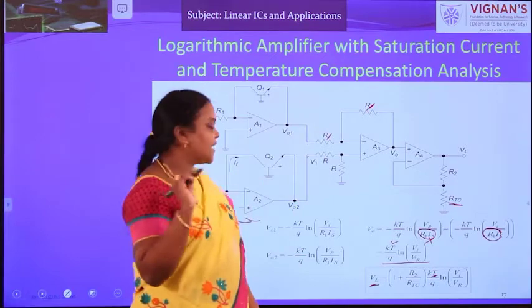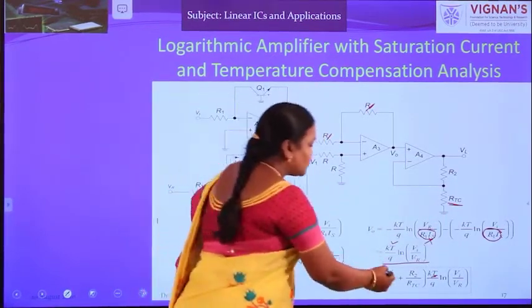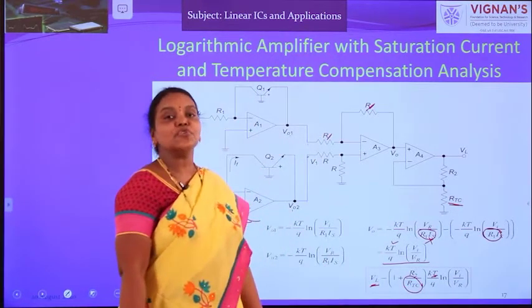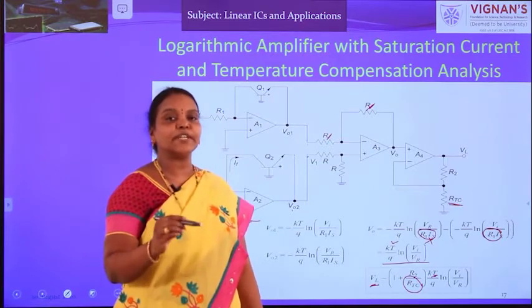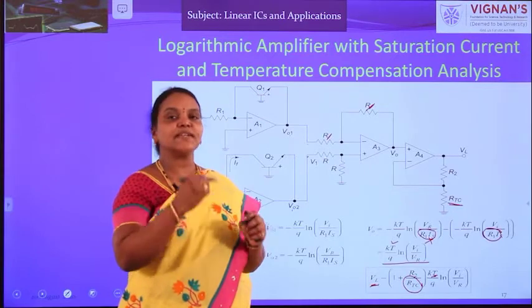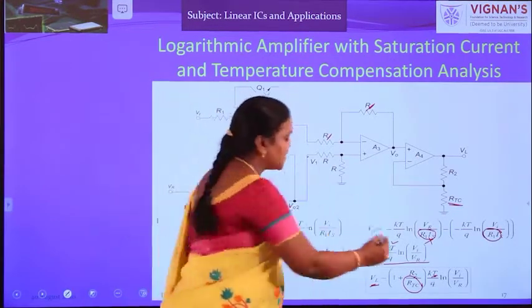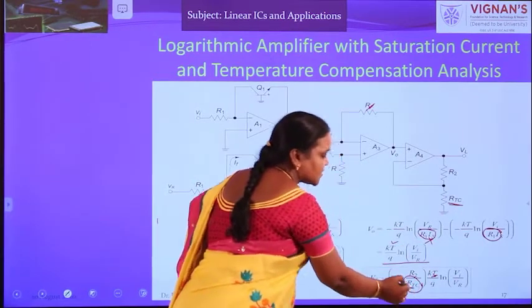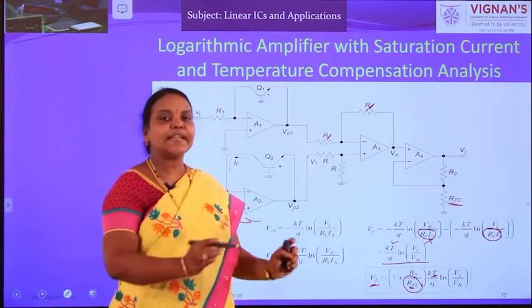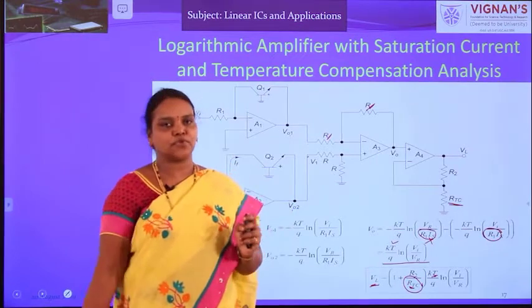So to compensate that effect, we are using this temperature sensitive resistor, and usually this is a sensistor. A sensistor has a positive temperature coefficient of resistance. That is, if temperature increases, the resistance value increases. So when temperature increases, this T increases as well as this RTC also increases. They get compensated. And finally, the output is some constant times the logarithm of the input.